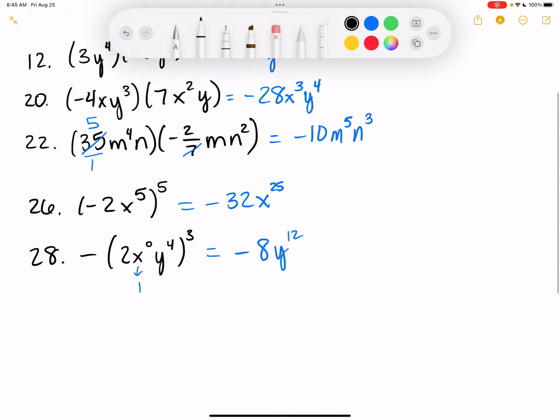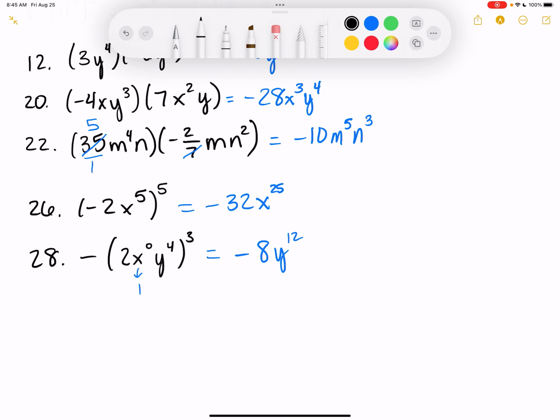This next one is going to be a fraction. So we've got number 32. In parentheses, I've got negative 5n to the 4th over r squared, and that whole thing is then cubed. So this still works the exact same way. It just now also has something on the denominator that we're working with. So the negative in there, since it's getting cubed, is going to stay.